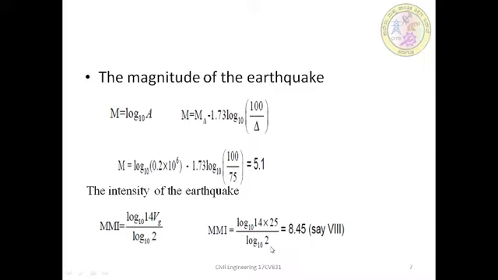Round it to 8, that is the MMI max. So now with this we have the magnitude as 5.1 as well as the intensity we got as 8. Like that, the examples are to be solved based on the available empirical equations.